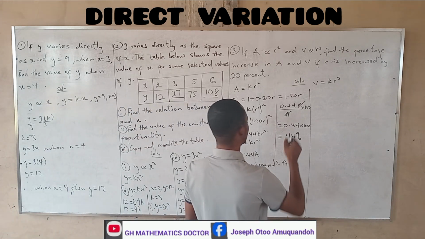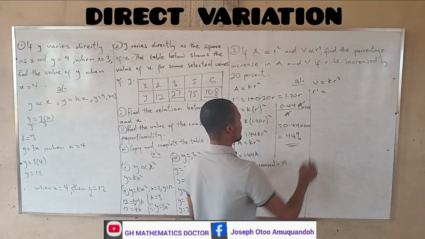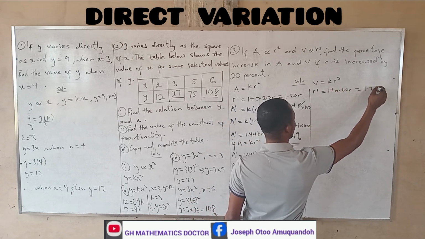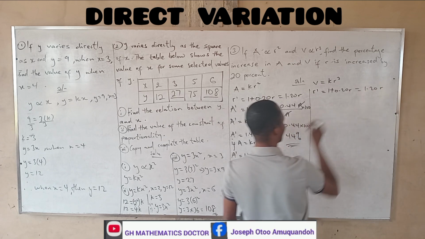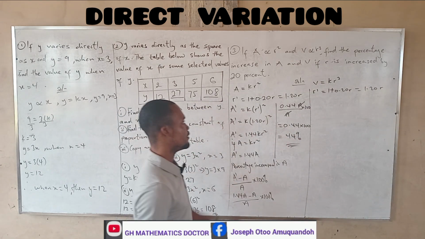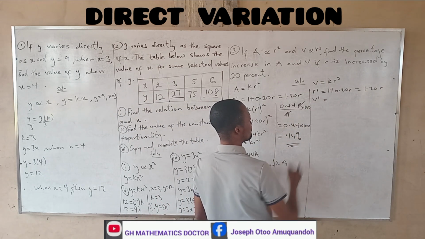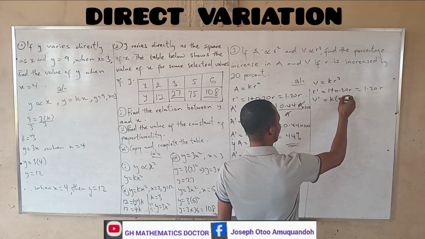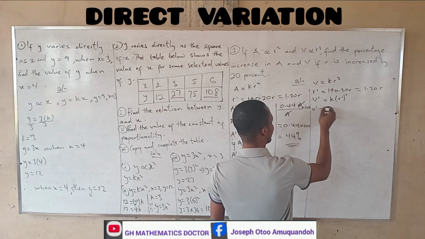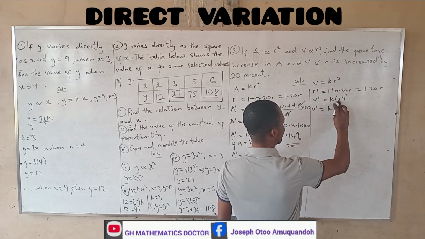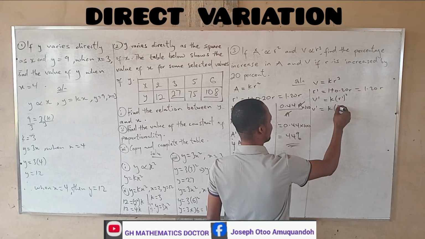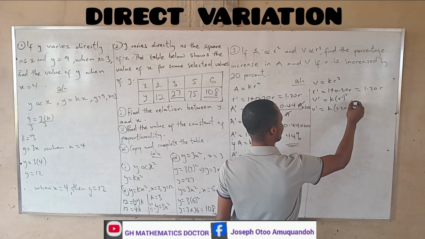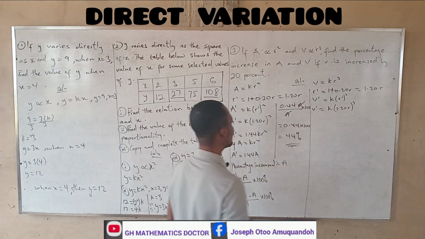And we are going to find the new radius, which is 1.20 R. And our new V, which will be V prime equal to K in brackets R prime cube. And the new V is equal to, we substitute the R prime inside here. So we have 1.20 R then cube. All right.